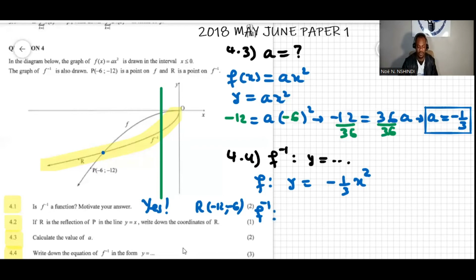So instead of y I'm going to write x, and instead of x I'm going to write y. So this is like x = -1/3 y^2.